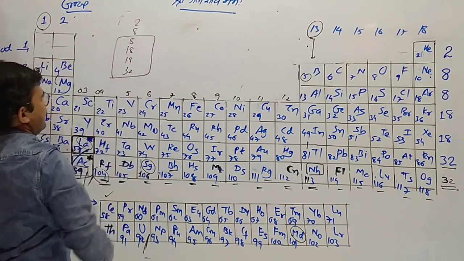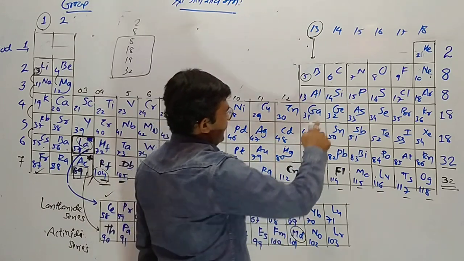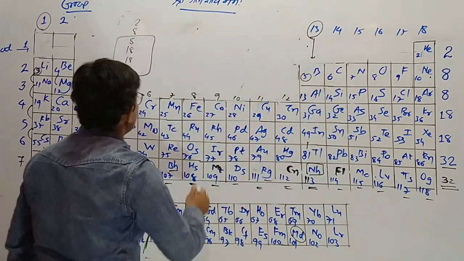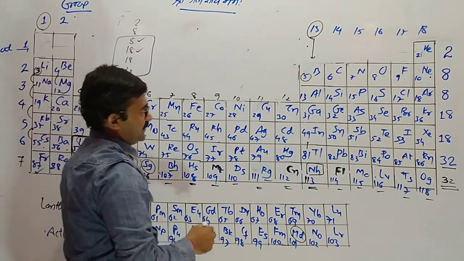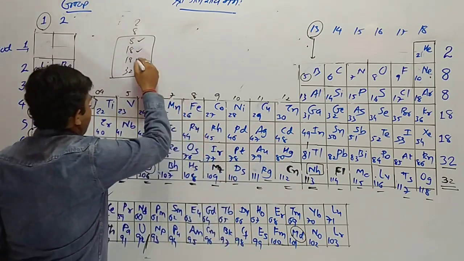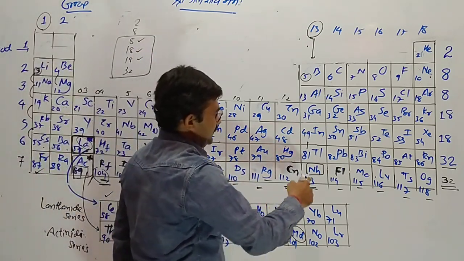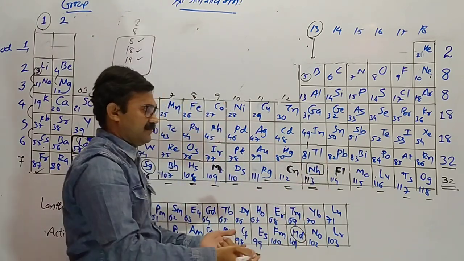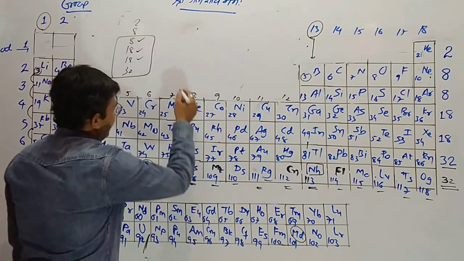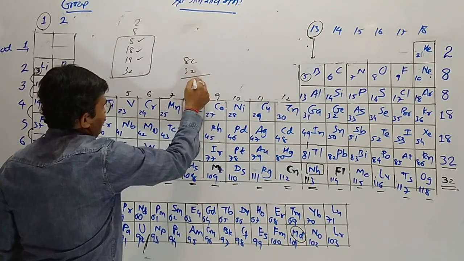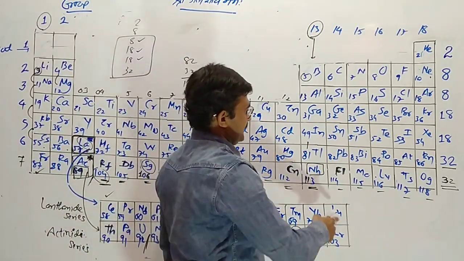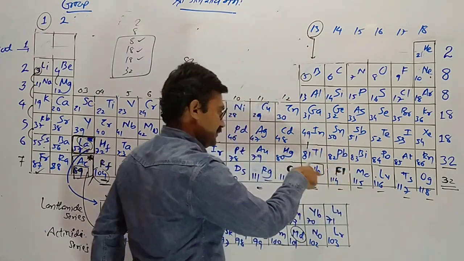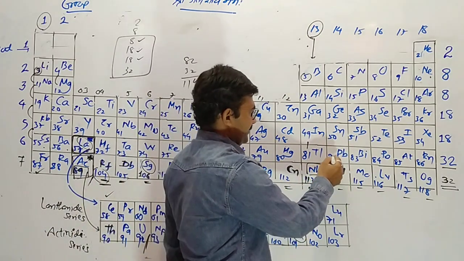So the last 4. 6 plus 8, 14. 14 plus 18, 32. 32 plus 18, 50. 50 plus 32, 82. So what about the last one? Add 32 there: 82 plus 32, so 114, nothing else. In lead we have to add the last 32.